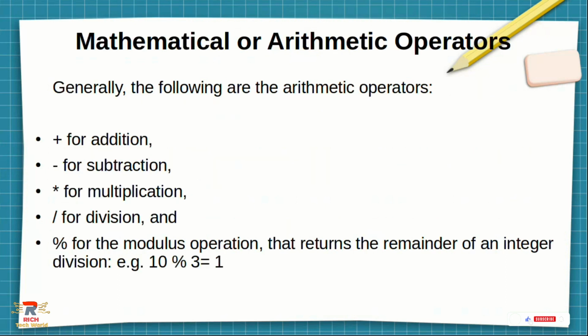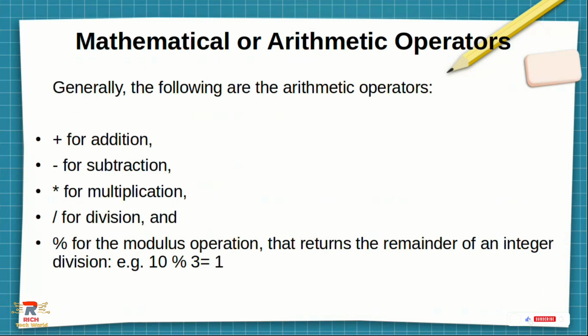Moving on, we are going to talk about the first type of operators, which is the mathematical or arithmetic operators. Generally, these are the arithmetic operators we have. The first one is the plus symbol, which is for addition. The second one is the minus symbol, which is for subtraction.